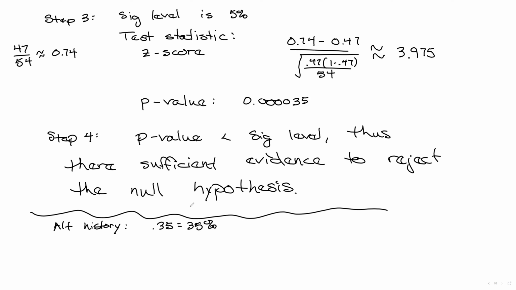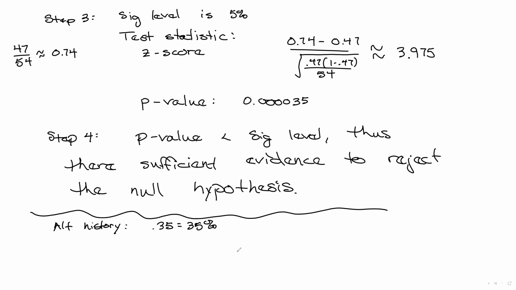The p-value is giving you the probability of the event. So if there's a 35% chance of an event happening, that's pretty high. That happens 1 in 3 times. And so because of that, we'd say there's not enough evidence to reject the null hypothesis.